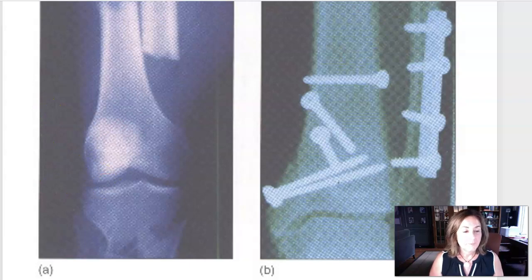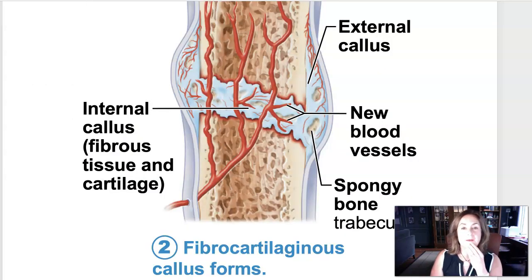Once we have the bone ends realigned, fibroblasts move into this area and start producing new connective tissue. Blood vessels infiltrate the area. Also right away, within about 2 weeks, we get little islands of bone forming within this repairing area. This is what's known as a fibrocartilaginous callus, or a soft callus.